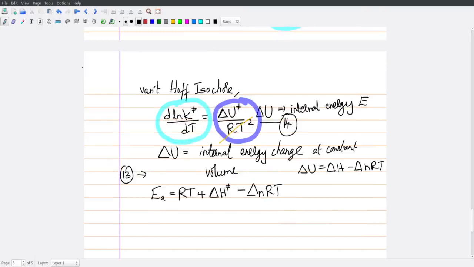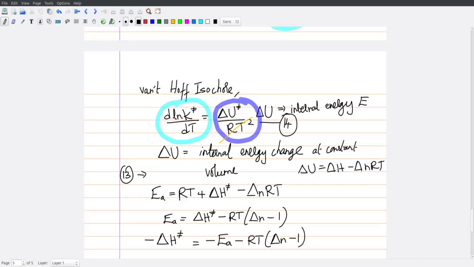So now from this we have the energy of activation E equals delta H dagger minus RT delta N minus 1, or we can say minus delta H dagger equals energy of activation minus RT delta N minus 1.